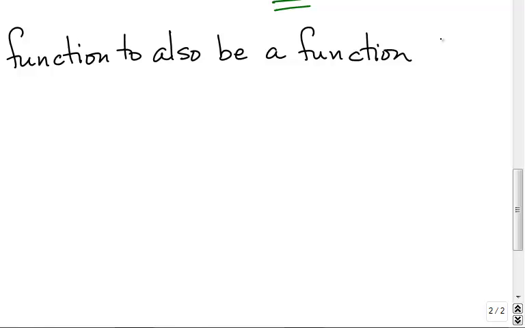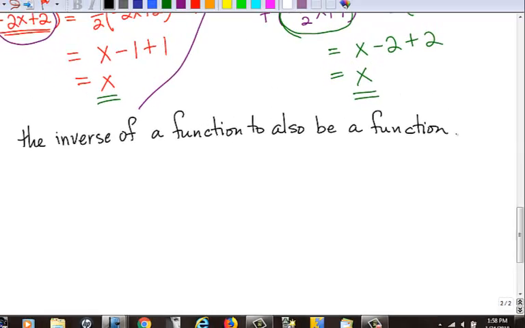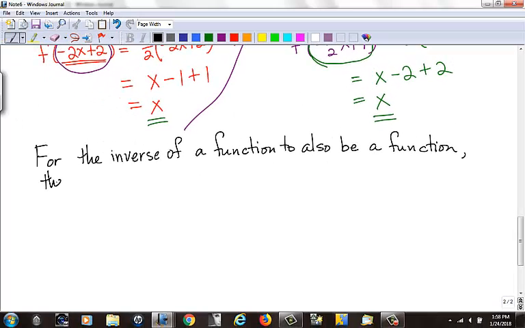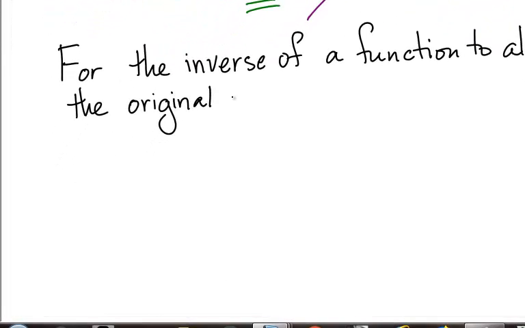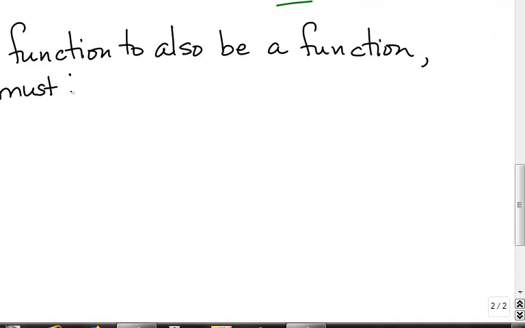For the inverse of a function to also be a function, the original function must be 1-to-1. You can write it like that, 1-to-1, or you can write it the other way. A lot of times I just shortcut it and write it 1-to-1.